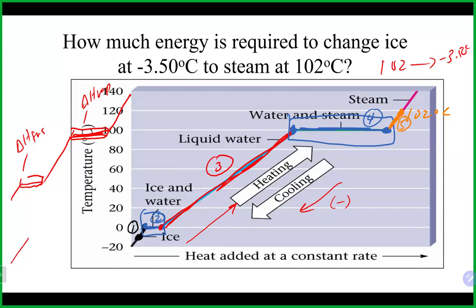Anywhere you are going upwards on the graph, which would be here, here, and here, that is a specific heat equation and calculation like we've done previously. So anywhere temperature changes and state stays the same, specific heat.